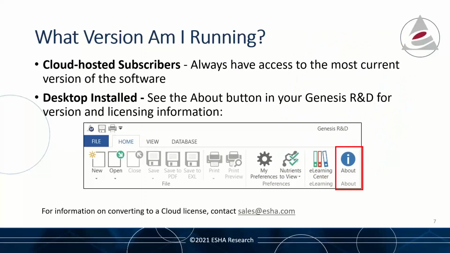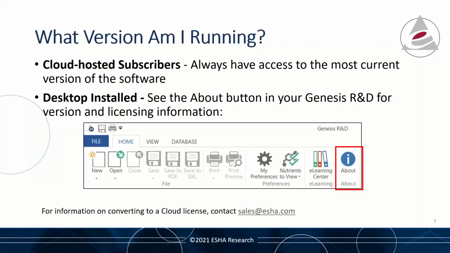So I want to just remind you of some of the update options. For cloud subscribers, the software is maintained and updated automatically. So for current cloud subscriptions, you'll see version 11.11 already. For desktop installations, update notification has been sent to the primary contact on your account.